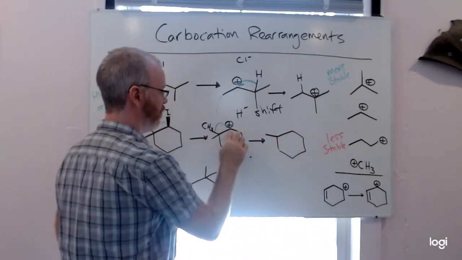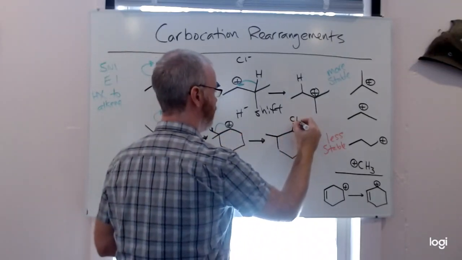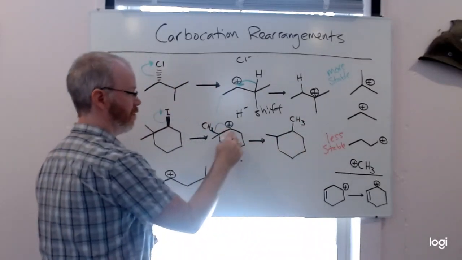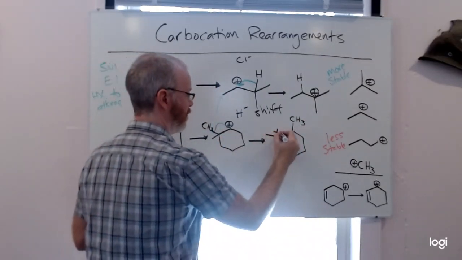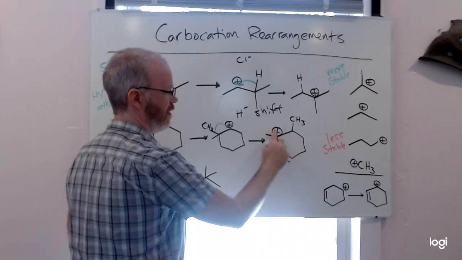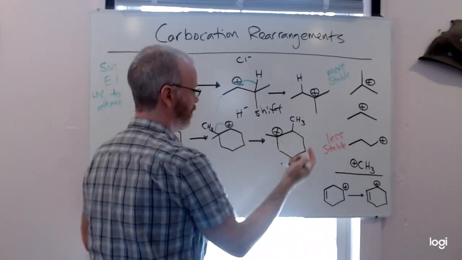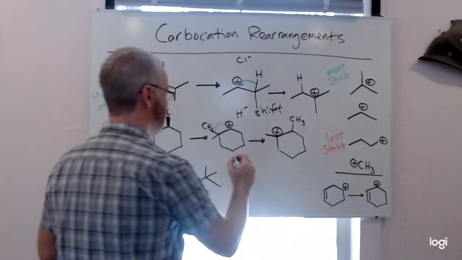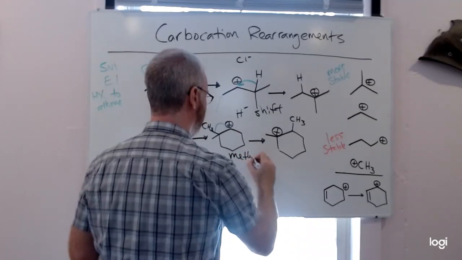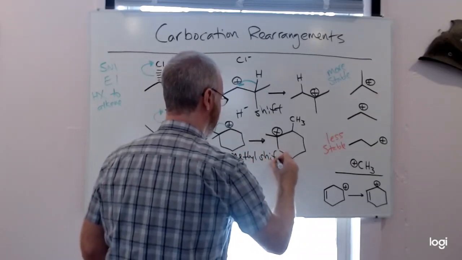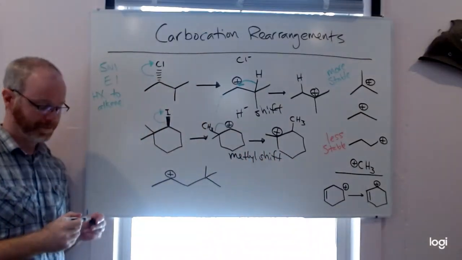This CH3 group has moved over 1. That's going to replace the positive charge over here. So now I am in a more favorable position than I was before. So that's a good rearrangement. That's a methyl shift. The name makes sense in this case.